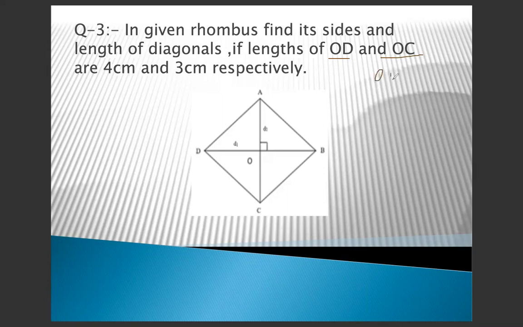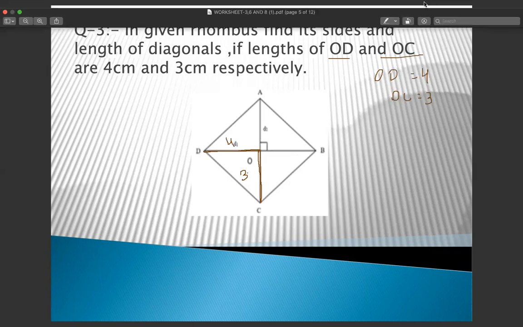OD becomes 4 centimeters and OC becomes 3 centimeters. So let us find OD. OD here becomes 4 centimeters and OC here becomes 3 centimeters.